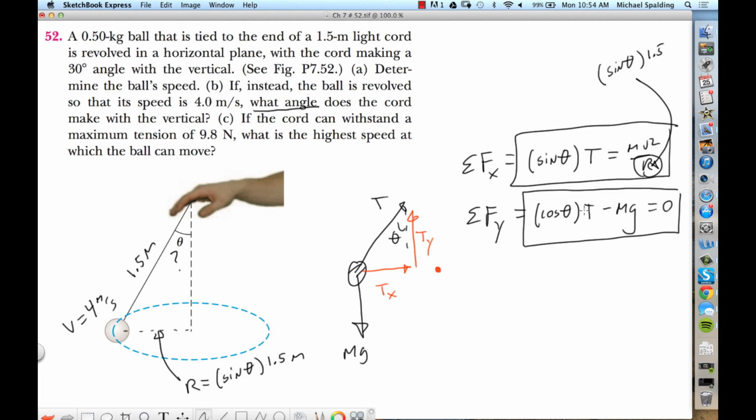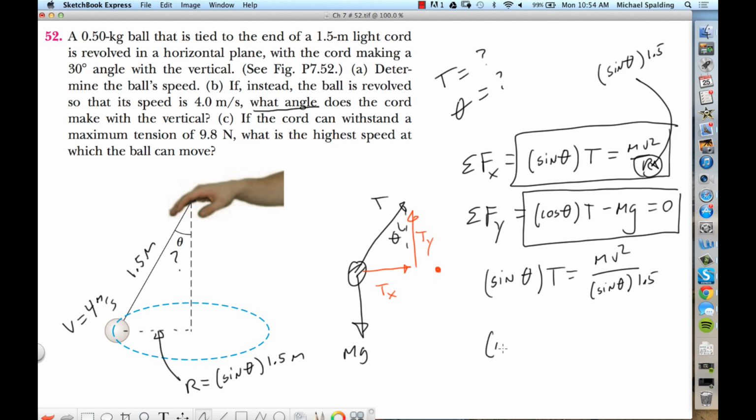Let's divide the two equations. Here, this is what I mean. The algebra, the math gets pretty crazy, because look, we have two unknowns still, tension and now theta. So do you want to divide the two equations like we did last time? You're going to go sine theta T equals mv squared, r is equal to sine theta 1.5.